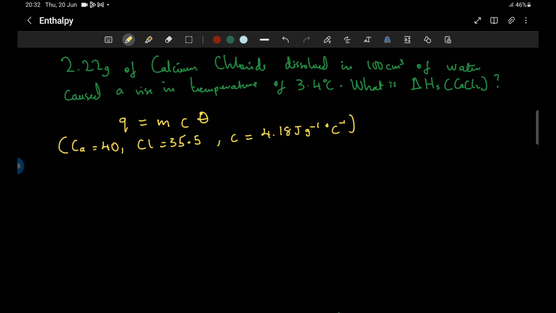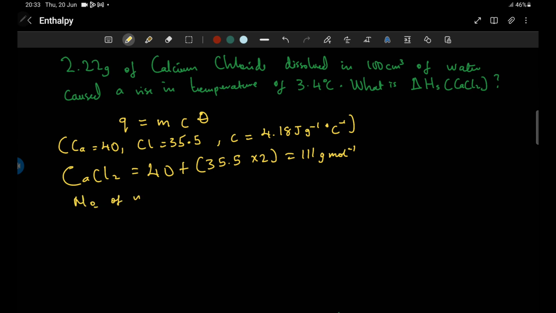All right. So calcium chloride equals 40. We need to get the molar mass, and you've got 35.5 times 2. That gives us 111 grams per mole. So we need to get the number of moles of calcium chloride dissolved.